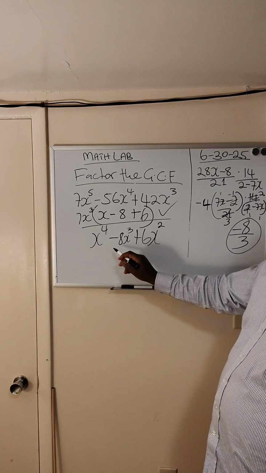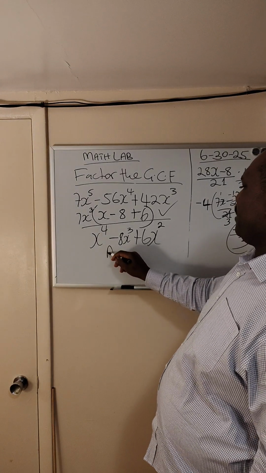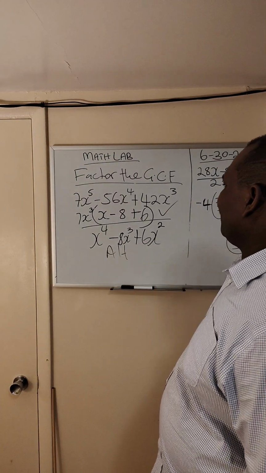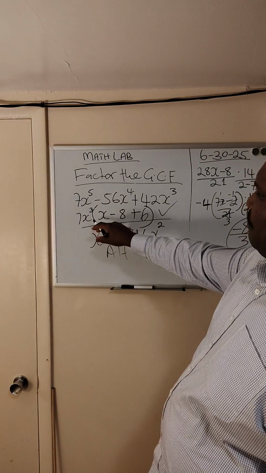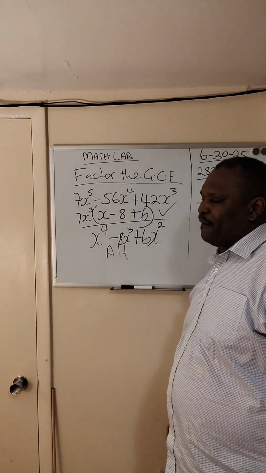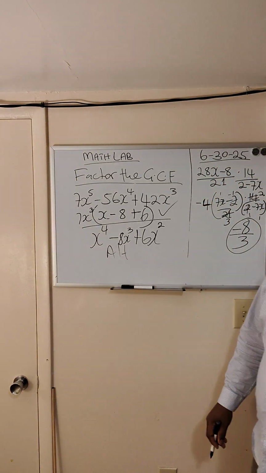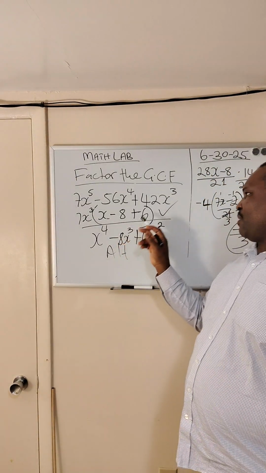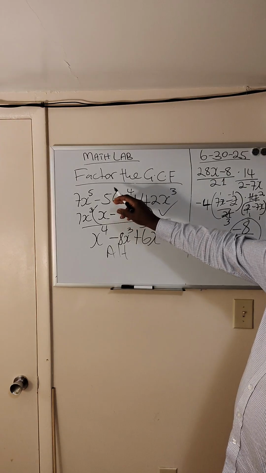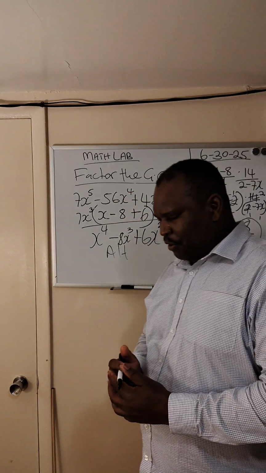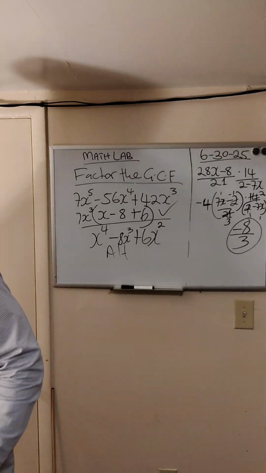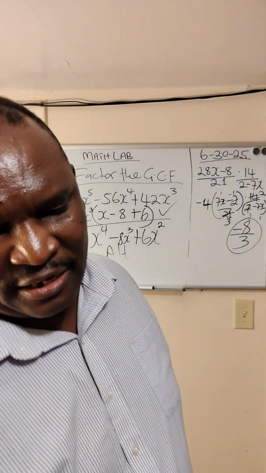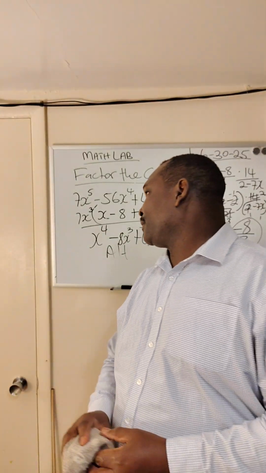Your best answer right here is 7x cubed, and then you put a bracket, x minus 8 plus 6. That is the greatest common factor of that equation right there.